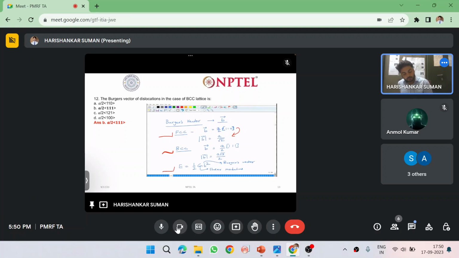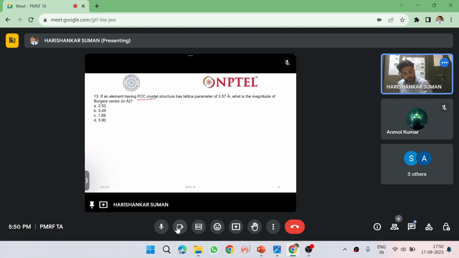Next question. If the element having FCC crystal structure has a lattice parameter of 3.57 angstrom, what is the magnitude of the Burgers vector in angstrom for FCC? Lattice parameter is given. Please calculate.